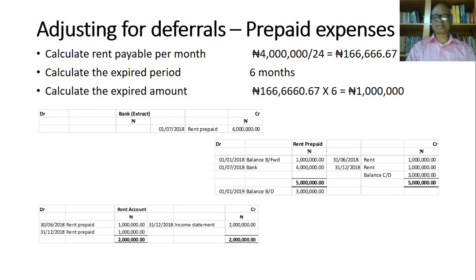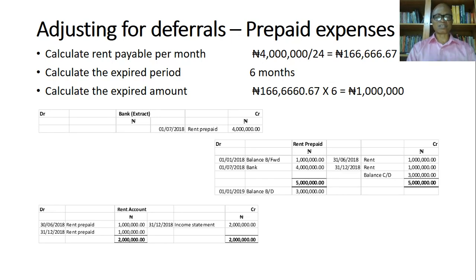So that brings us to the end of this first part of the lecture, talking about adjustment to trial balance. We're saying that there will be need for trial balance to be adjusted, that is, balances from the different accounts to be adjusted, because some information would have come in at the end of the year that was not known when the trial balance was extracted earlier on.